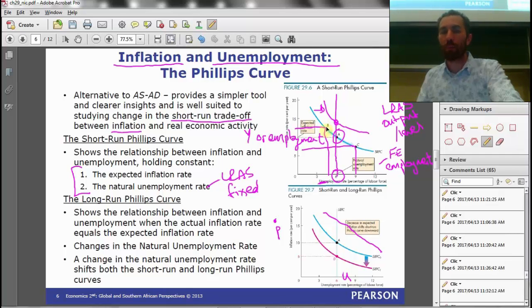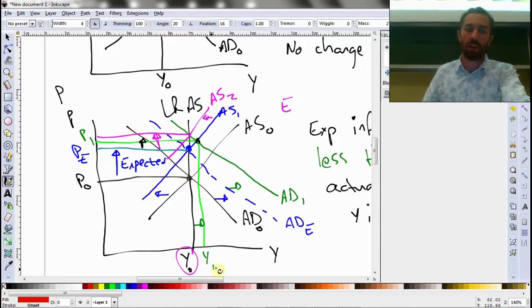Well, if we're at point B, it's telling us that inflation is higher than our expected inflation rate. If our expected inflation rate was equal to the actual inflation rate, I would be at point A. If I'm at point B, it's telling me that the expected inflation rate, which is given by the inflation rate at point A, is lower than the actual inflation rate, which is given by point B. So we saw what that would look like in this diagram here.